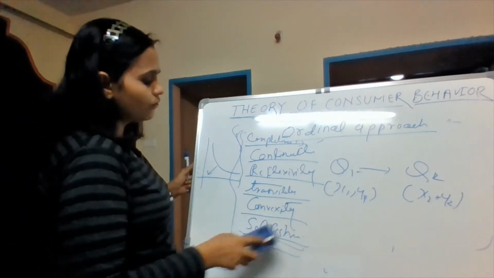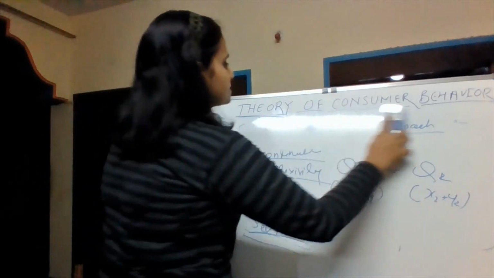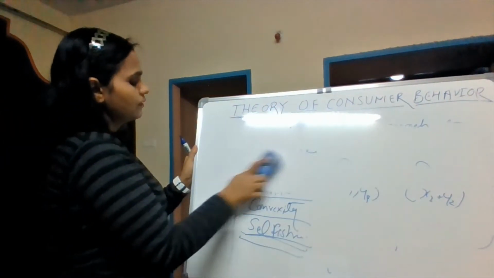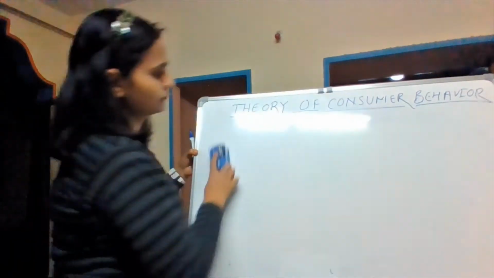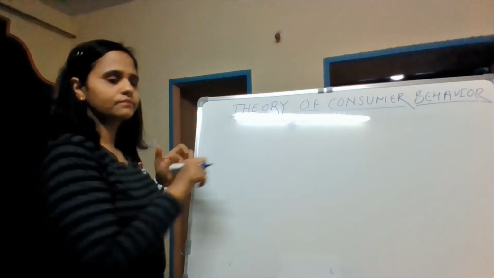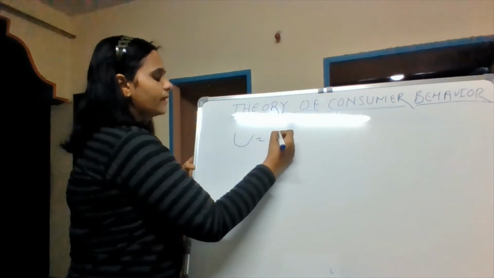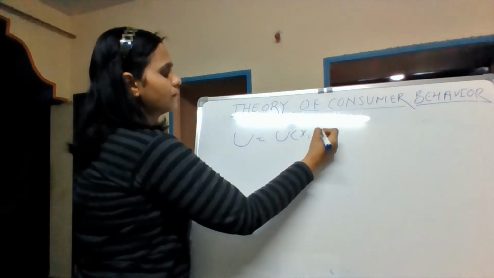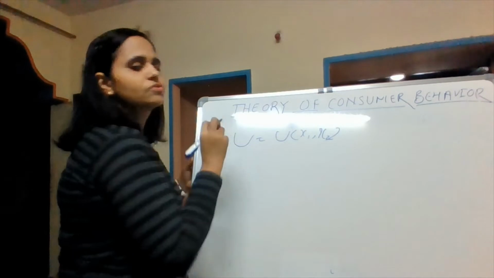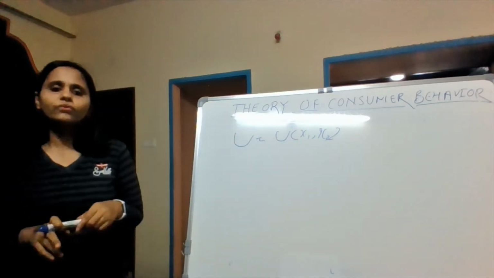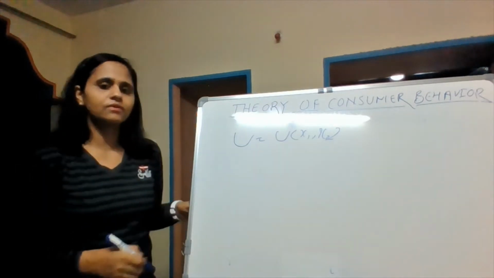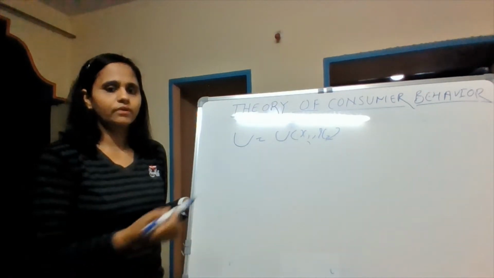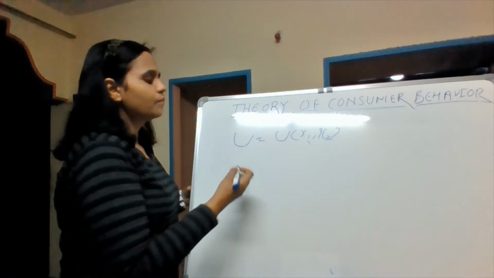So how do we know the convexity function? We'll see how the utility curve is convex. Consider your utility is u(x1, x2). We are considering two goods here, where x1 is one good and x2 is another good, and utility is in terms of those.